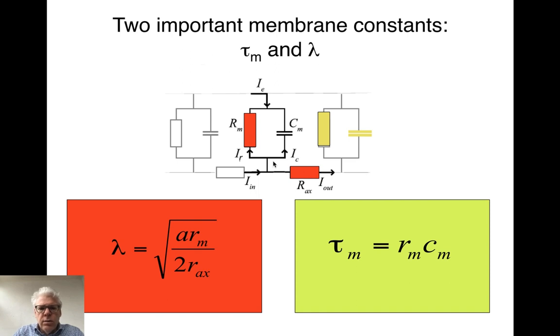Now these two components, indicated in red, the membrane resistance and the axial resistance, are part of the length constant lambda, and the parallel configuration of the membrane resistance and the membrane capacitance, the product of those is defined as the membrane time constant, and they are very important for the electrotonic conduction of the action potentials, including the distance and the velocity, as we will show shortly.